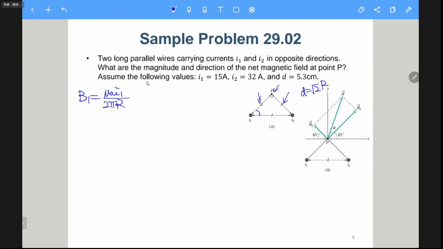And B2 generated by I2 will be mu naught I2 over 2 pi r, like this. Okay, so here we know r is small d over square root of 2, which is 5.3 over square root of 2, which is 3.75 centimeter.